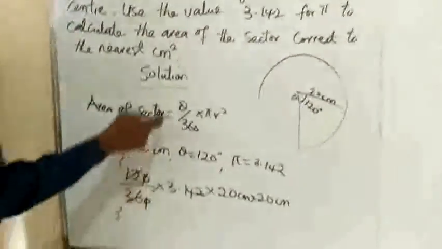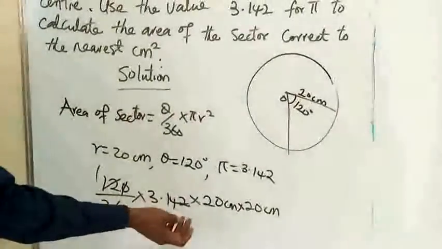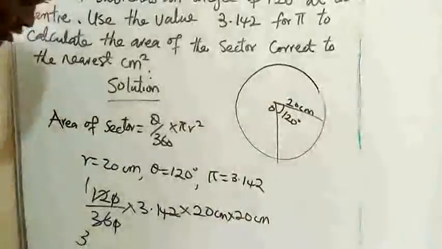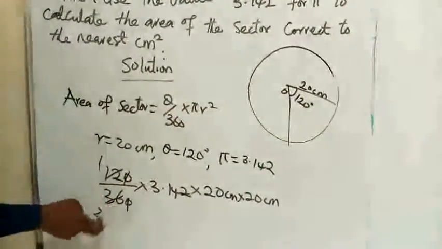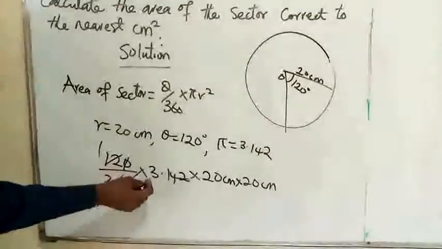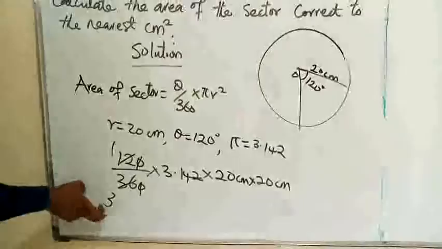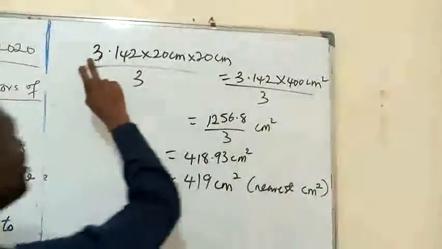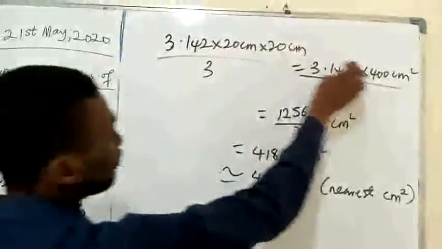Theta is 120. We have 120 over 360 times our pi, 3.142 times 20 times 20. 0 will cancel 0. 12 into itself is 1, into 36 we have 3. So we are left with 3.142 times 20 times 20 all over 3. We multiply 20 times 20, we get 400.